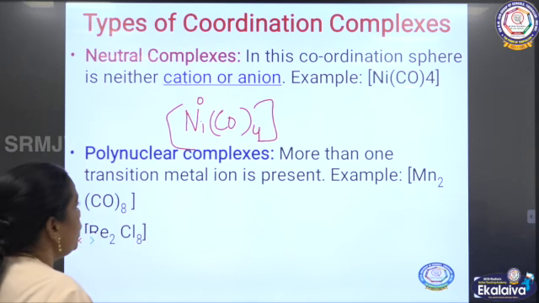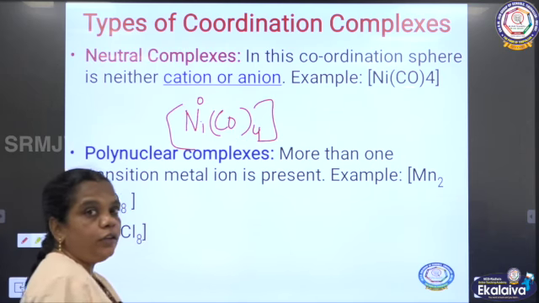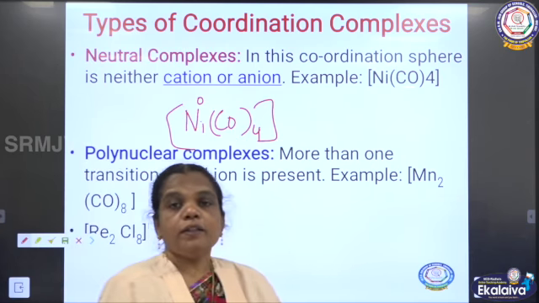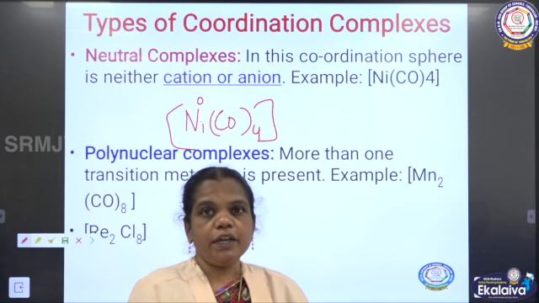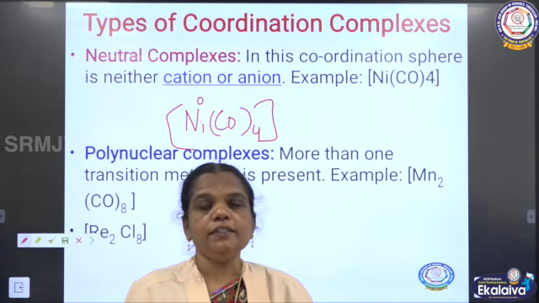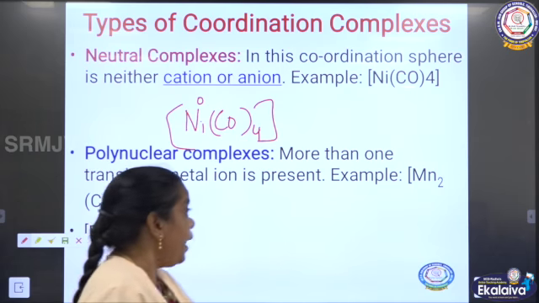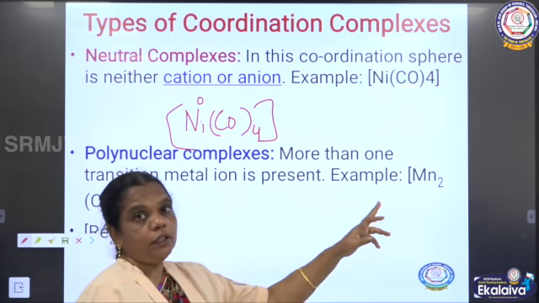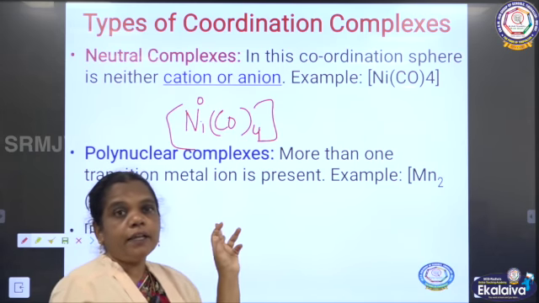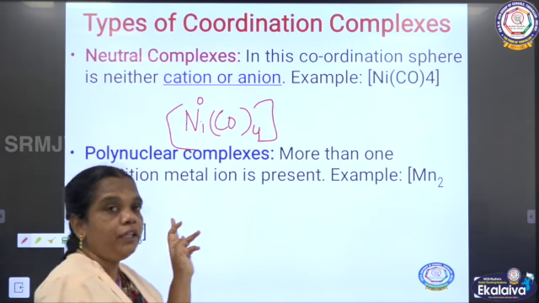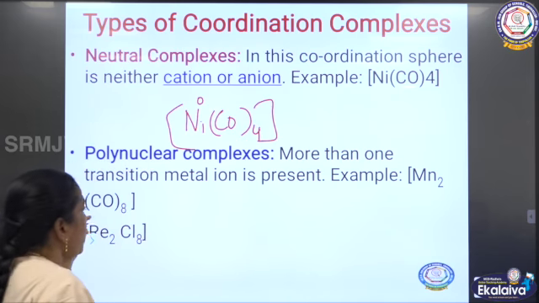And the polynuclear complex. In the polynuclear complex, the main thing is the central metal atom of a transition metal. Here the bimetallic complex, the two central metal atoms can make a bridge between the atoms and form the complex.